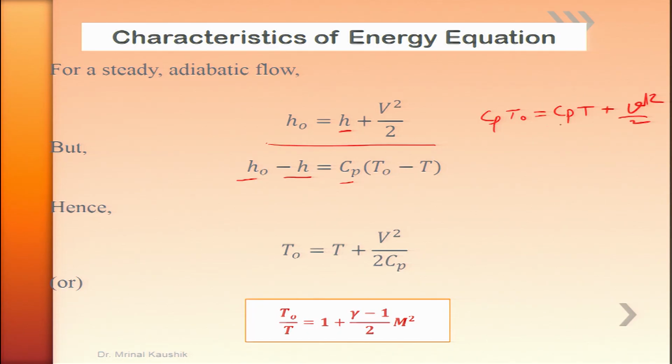That means if you divide by Cp, then you get T naught equal to T plus V square by 2 Cp, and by replacing Cp as gamma R upon gamma minus 1, we have already obtained this equation, that is the ratio of stagnation to static temperature is given by 1 plus gamma minus 1 by 2 M square.